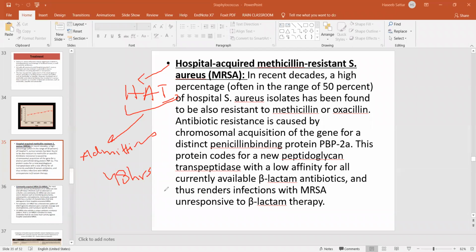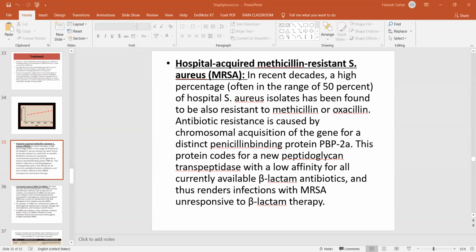So hospital acquired methicillin resistant Staphylococcus aureus is the infection which is acquired when a person is admitted into the hospital. For example, one patient is admitted into the hospital due to some other disease, but within 48 hours the patient develops an infection, and that infection is a MRSA infection. Then this infection will be known as hospital acquired MRSA infection.